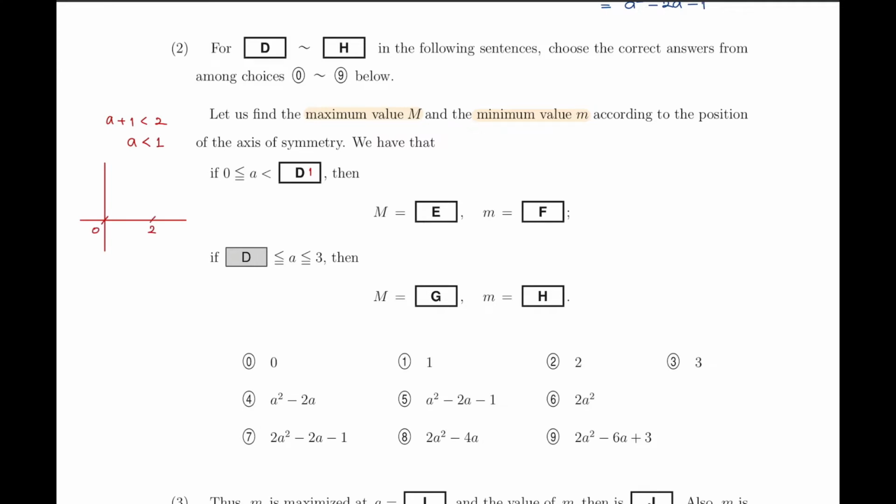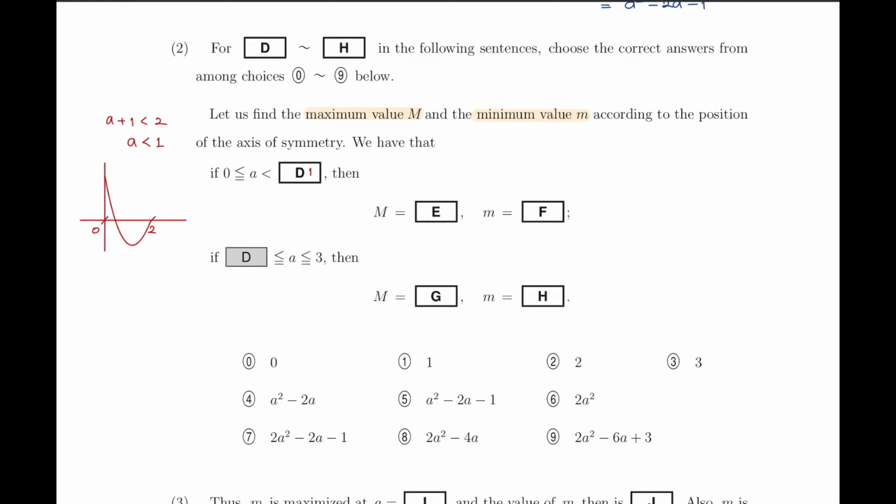This is the range of X from 0 until 2, and then the stationary point or the vertex is inside this range. So my curve must be something like this. The vertex is inside the range of values of X.